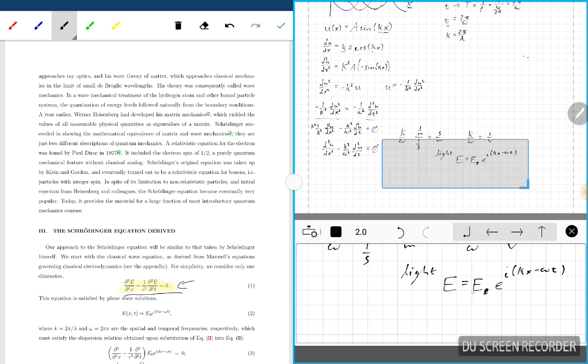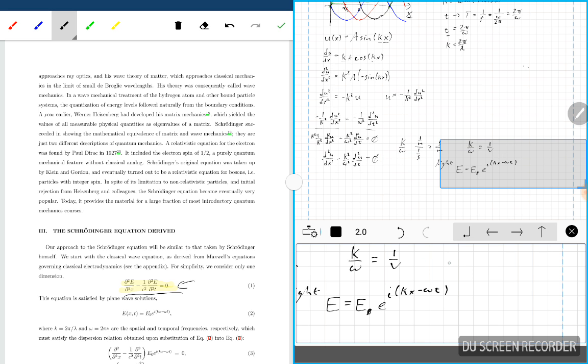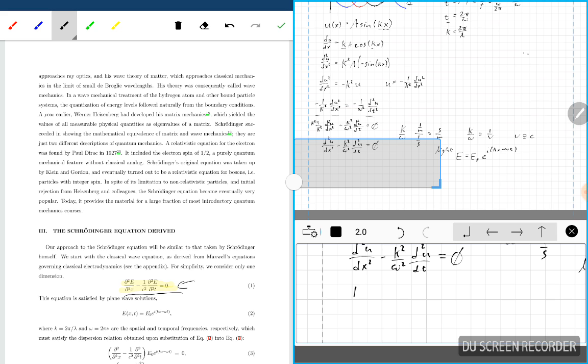In this general form, since this is a light wave, my velocity is going to equal the speed of light c. So I can just write my general equation out here with 1 over c squared, where c is the velocity of the wave.